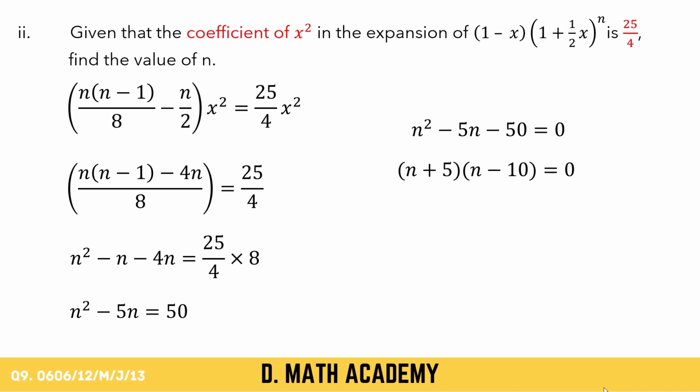So your respective n results could be n equals negative 5 or n equals 10. And do take note that for n in binomial theorem, we will not accept it as negative. So your final answer here will be 10.